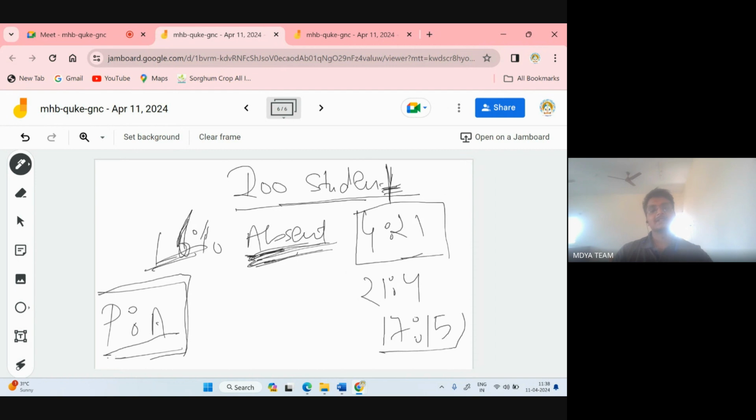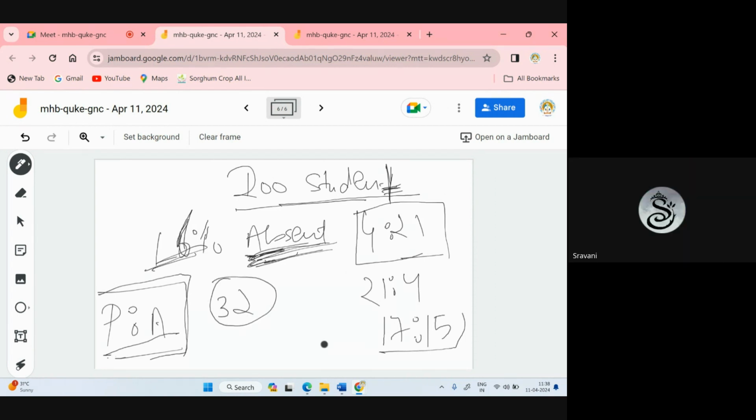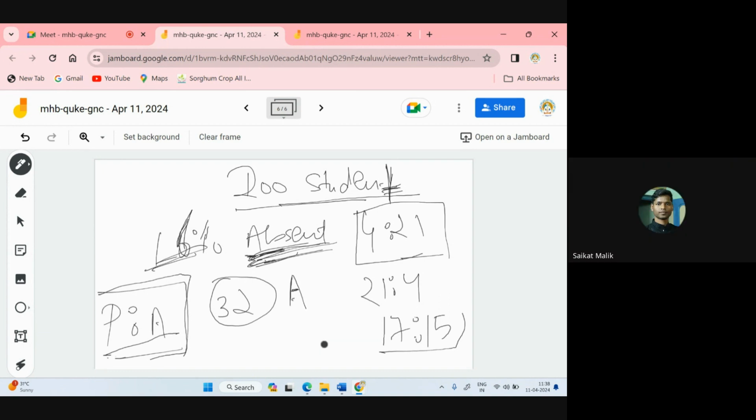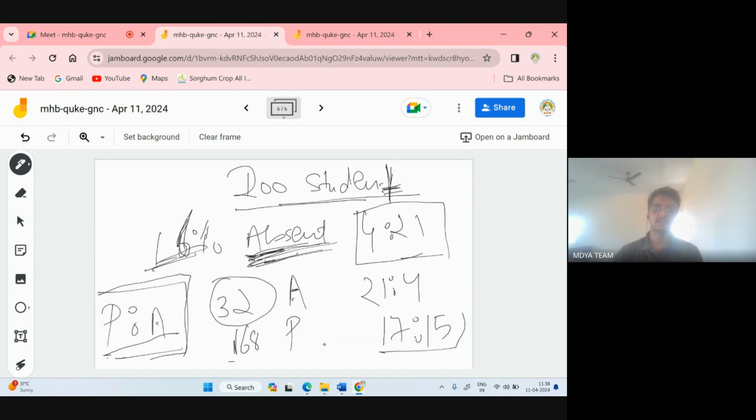16% students are absent. So the number of absent students, if you calculate, will be 32. Okay. So present students will be 168. These are present students. So just present ratio absent you have to write.